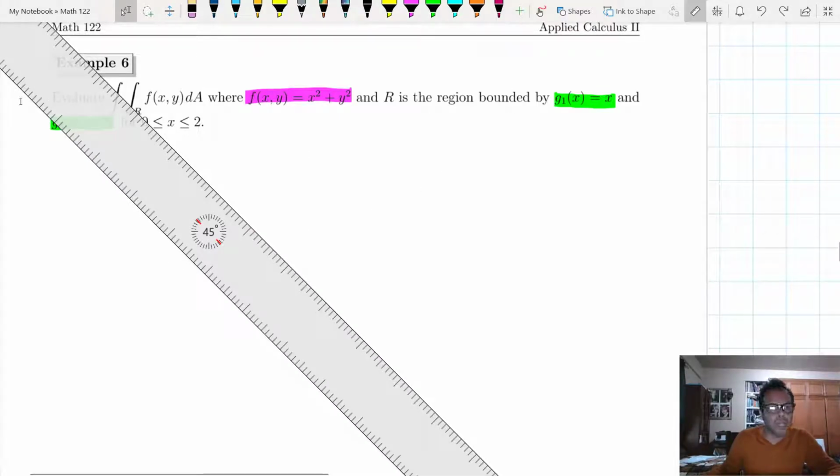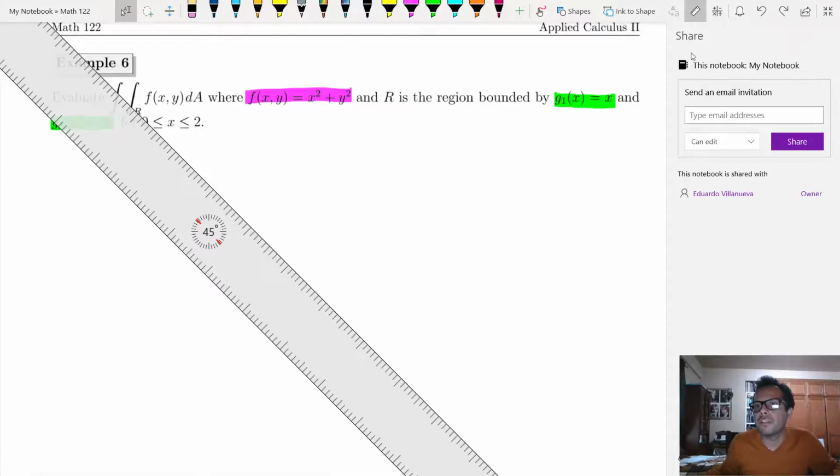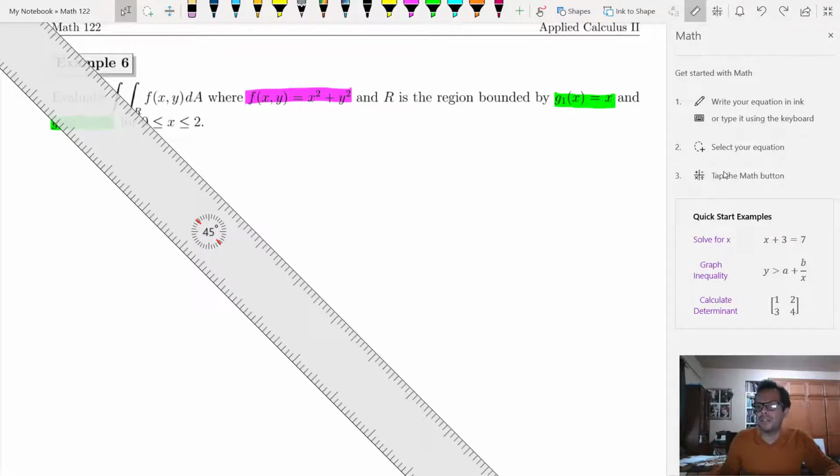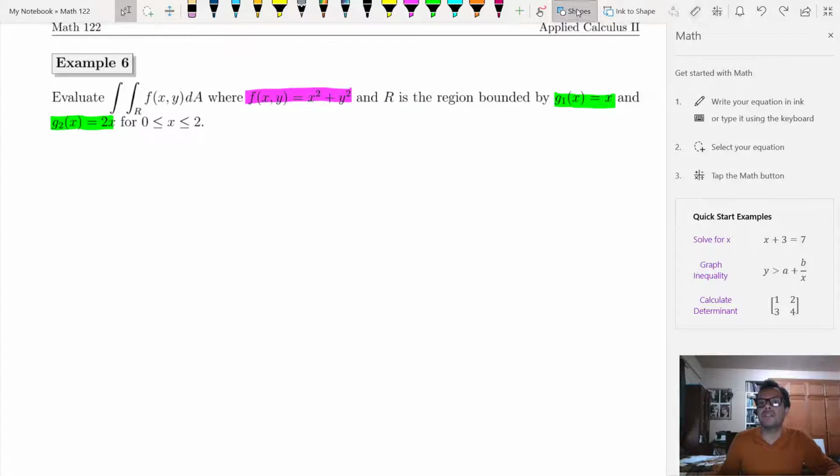I know there's a way to do it. Remember, there was a way to do it. Okay, shapes.